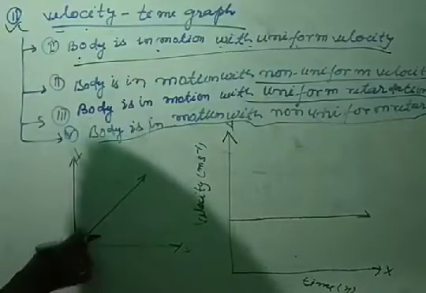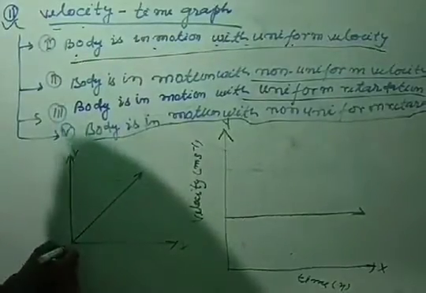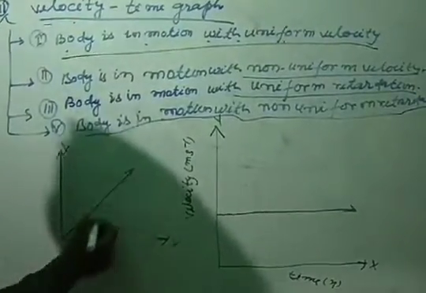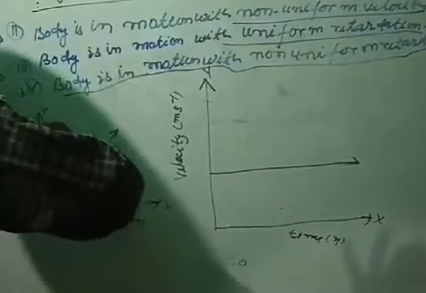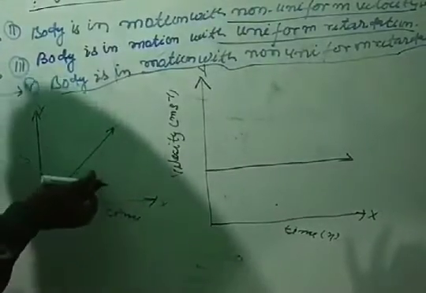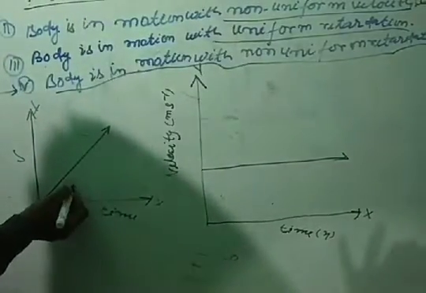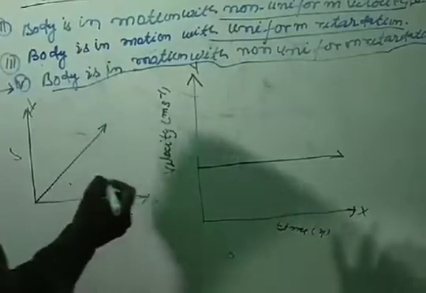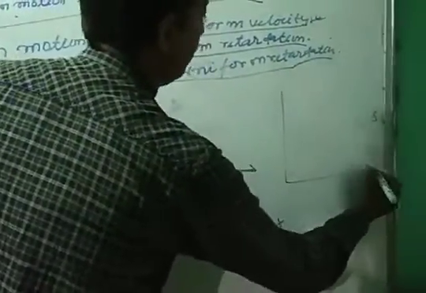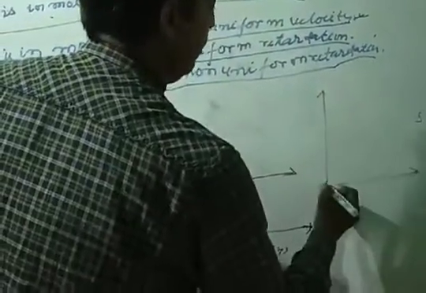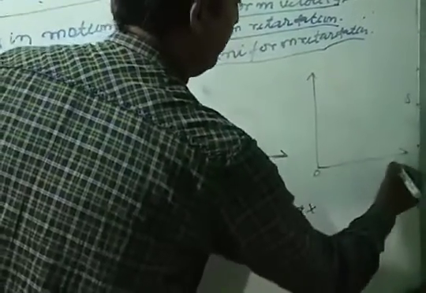So when the graph is a straight line inclined to time axis, this is the case of uniform acceleration, and in the case of non-uniform acceleration, the graph will be a curved line.